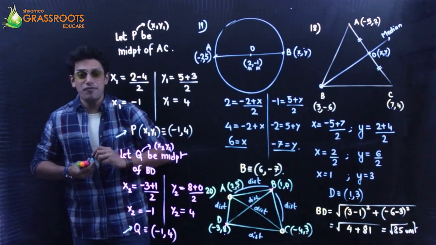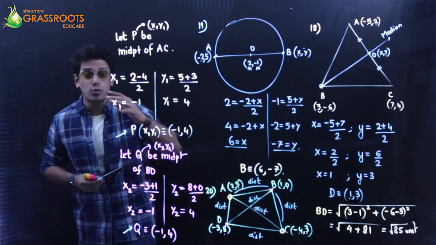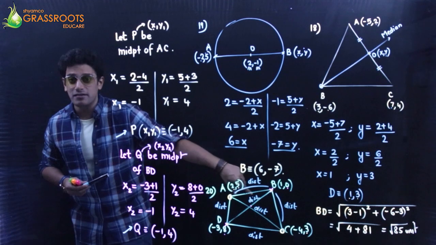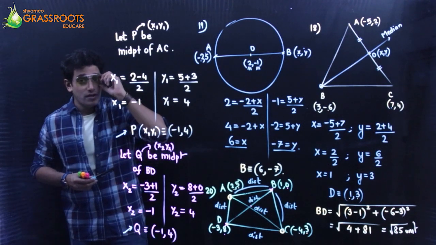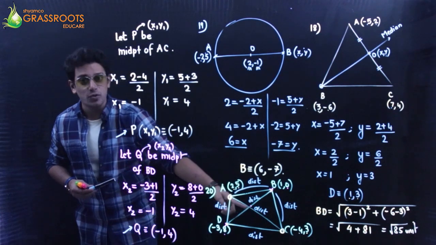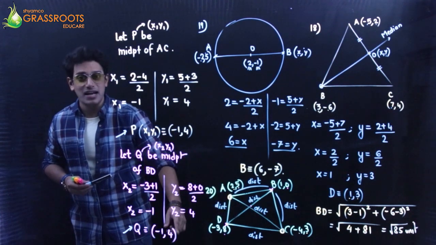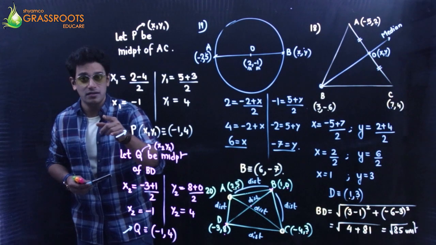Listen, if all sides are equal and the diagonals are equal, it's a square. If opposite sides are equal and diagonals are equal, it's a rectangle.